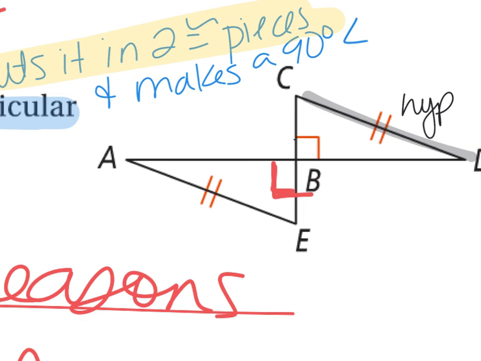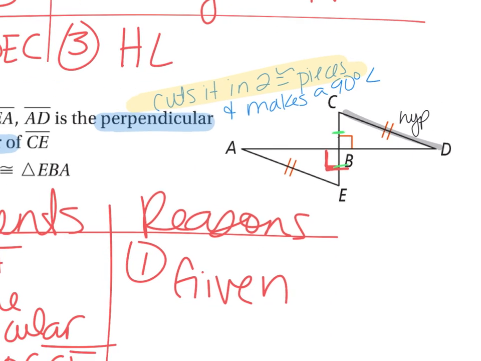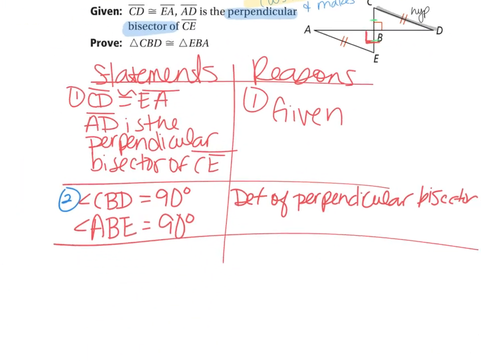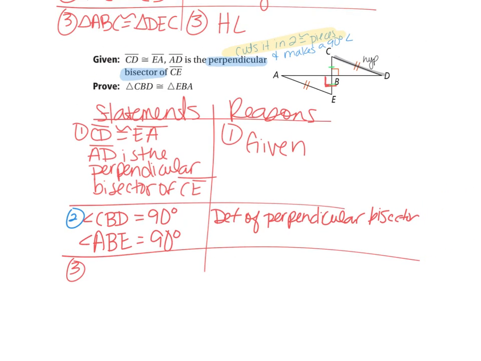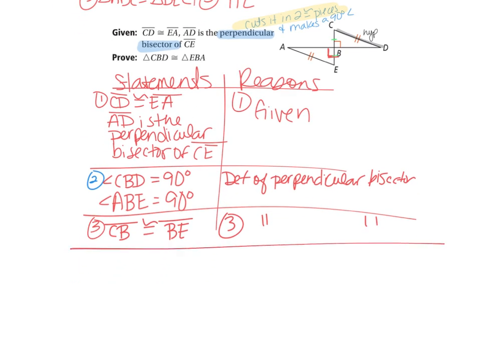Let's do a different color. So this piece and this piece are congruent because of the definition of a perpendicular bisector, which I guess we could throw on that last line. So we need to write that. So segment CB is congruent to segment BE because of the definition of perpendicular bisector.